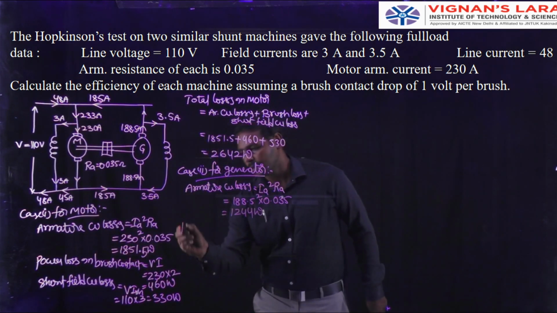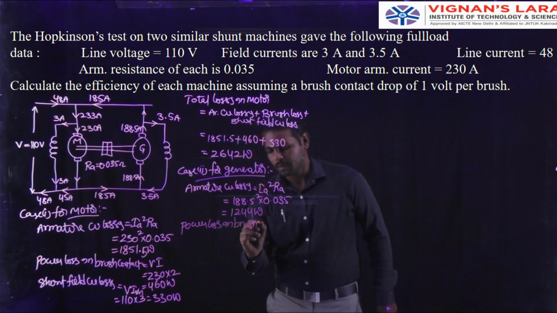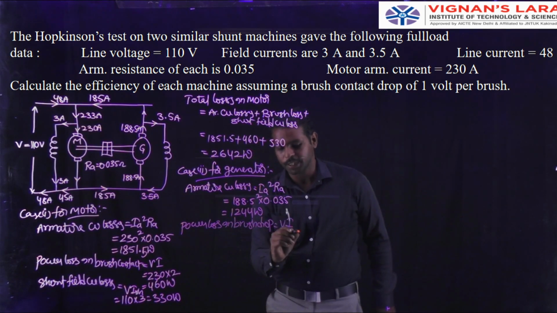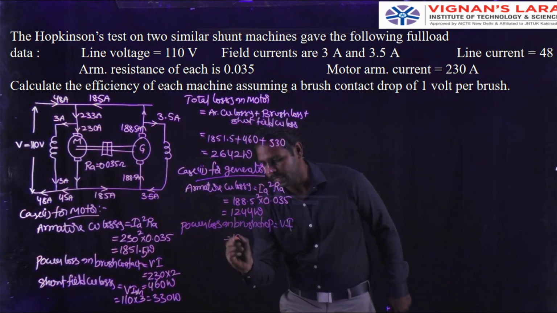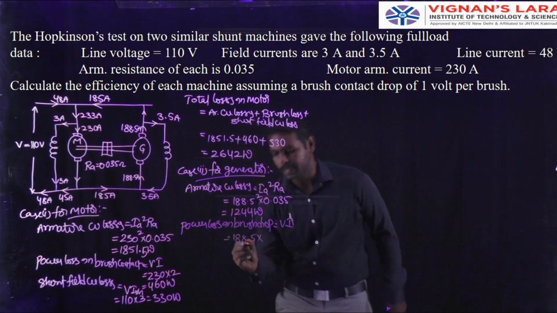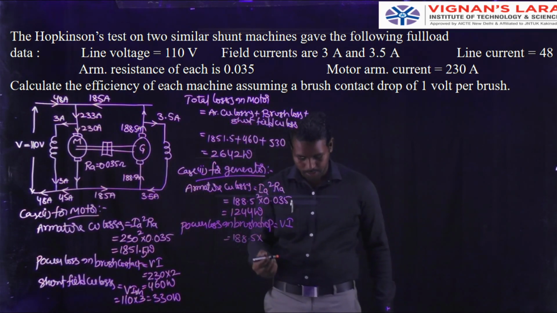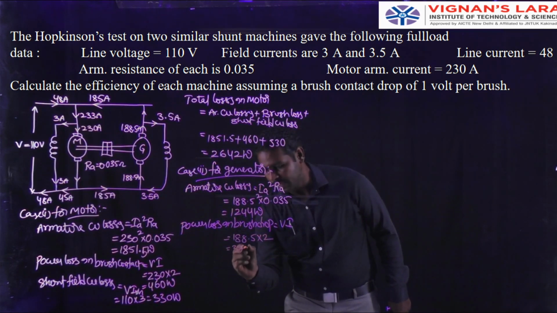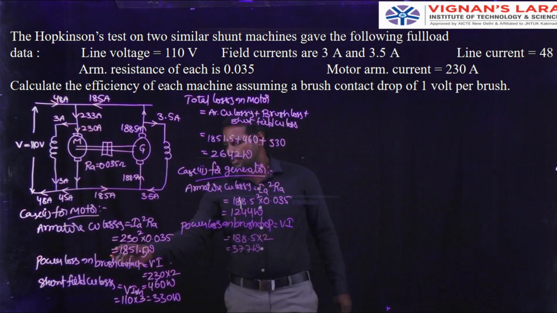Another one is the power loss in the brush drop, which is voltage into current. The current across the armature is 188.5 multiplied with the voltage across each brush, 1 volt. Total for the brushes is 2 volts, which is equal to 377 watts.